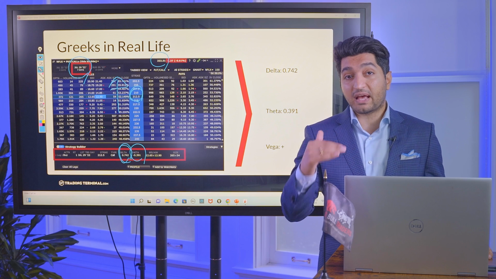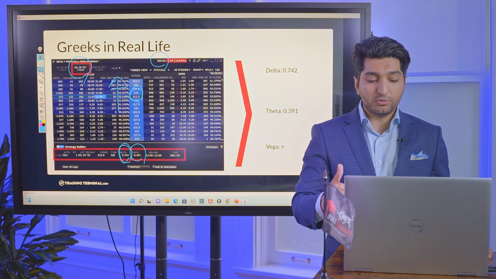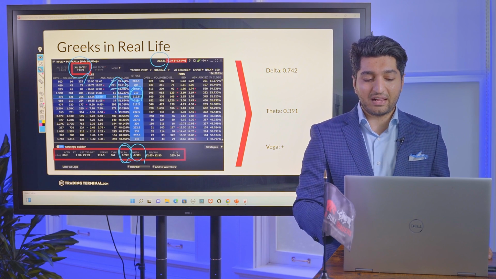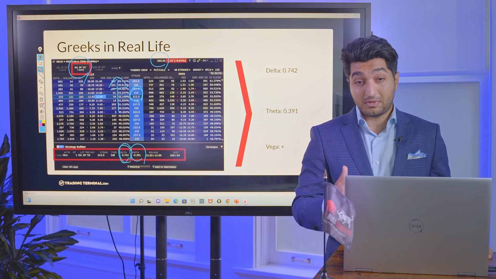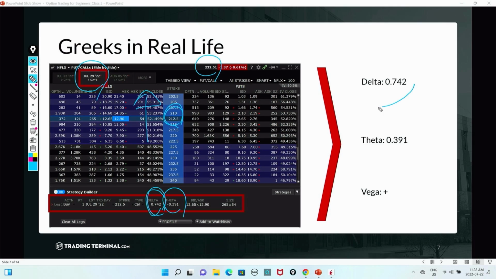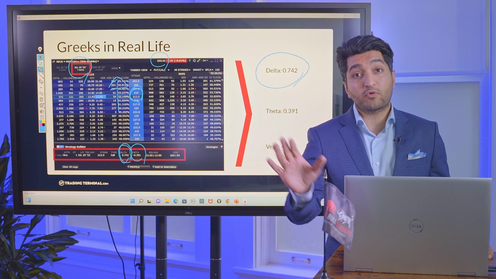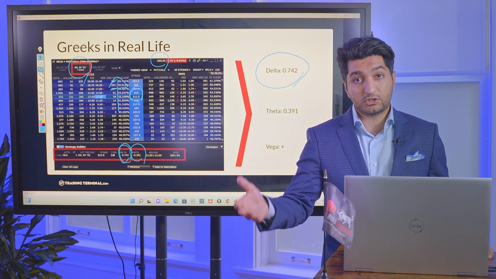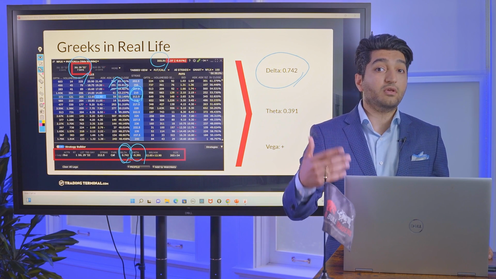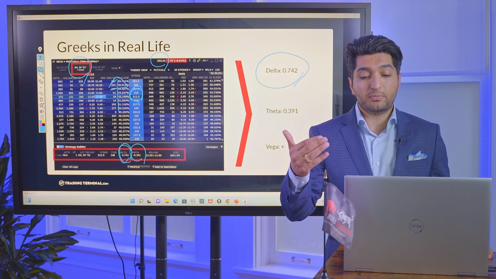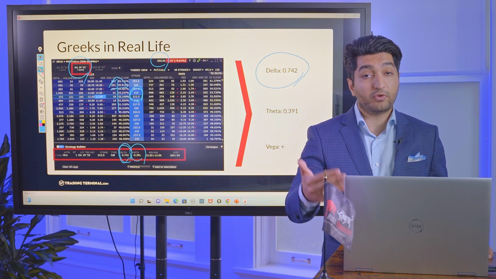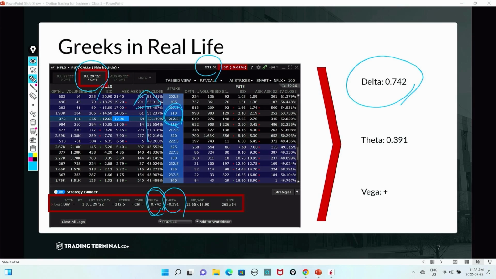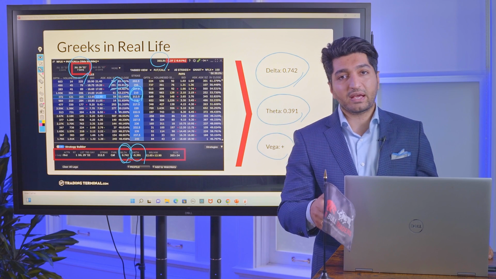So every day that goes by, this option loses 39 cents in value. So let's recap again. The delta is 74, a 74% chance that this option will finish in the money, or for every dollar change of Netflix, there's going to be a 74 cents appreciation for the option contract. The theta is 39, and the vega is positive if you're buying the option, and negative if you're selling the option.